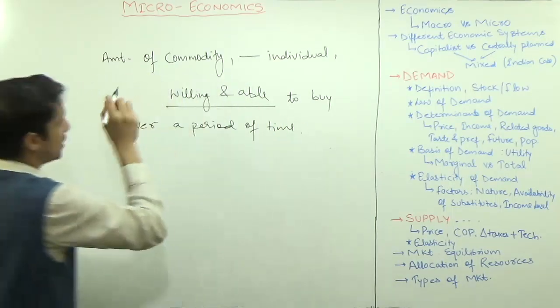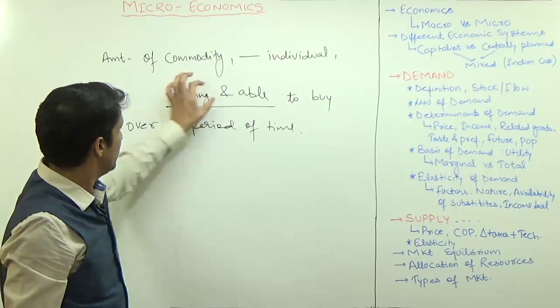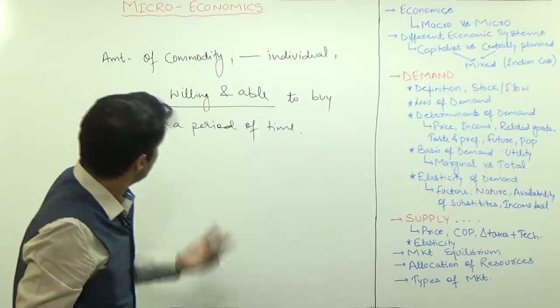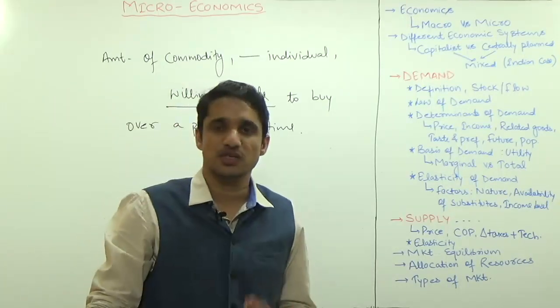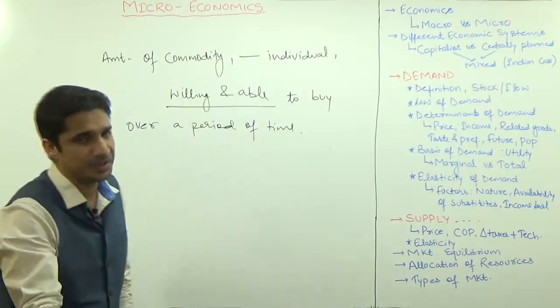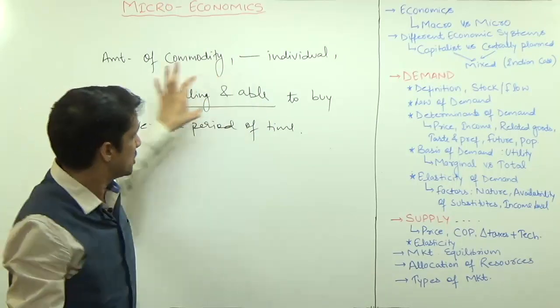Now the catchword in the definition of demand is willing and able. The individual should be willing, as well as there should be ability, financial ability should be there. So this willing and able is the two catchwords.